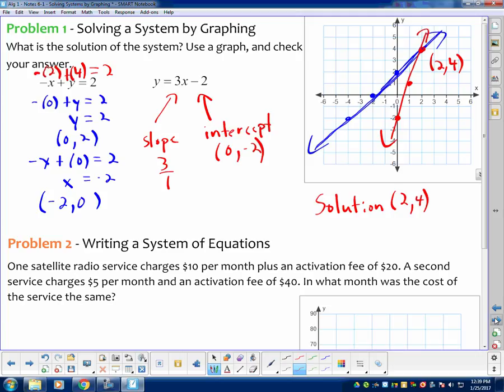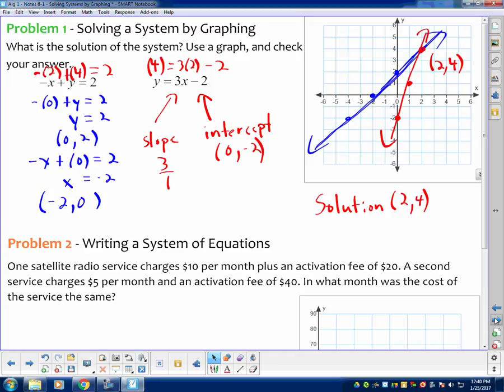Does negative 2 plus 4 equal 2? And over here, if I plug in 4 for y, and I plug in 2 for x, is 3 times 2 minus 2 equal to 4? 3 times 2 is 6, minus 2 is equal to 4, so that's how we check our solution.